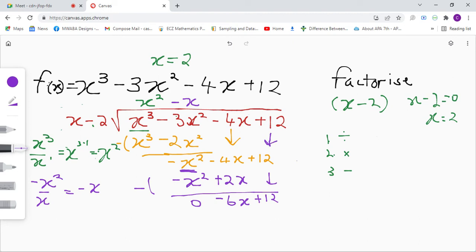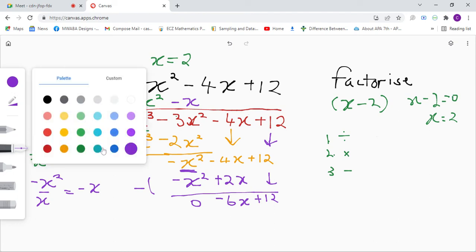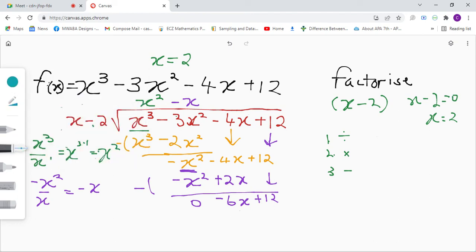We repeat the process. Divide. So now what are we going to divide by? We're going to divide negative 6x by x. As you can notice, we're dividing by the term which is in front.